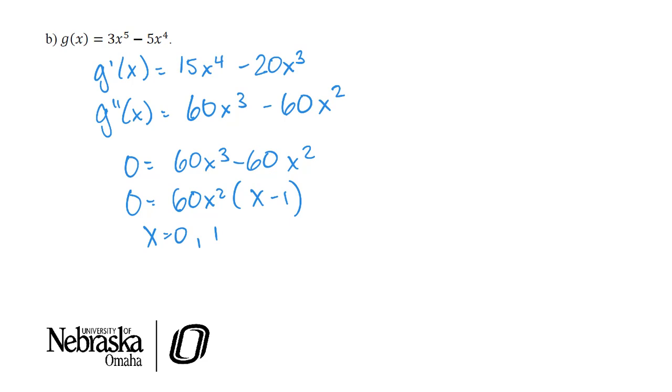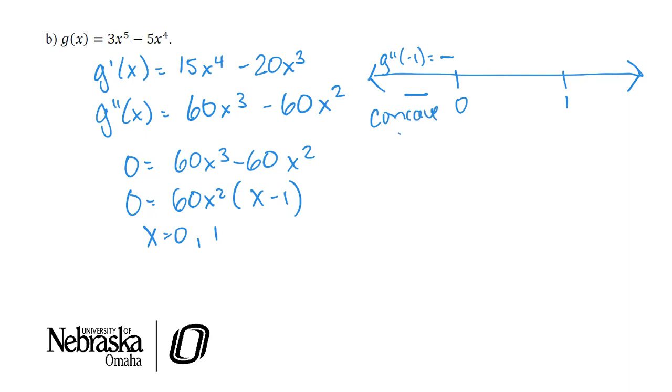Okay, let's look at a number line. Again, these are potential, not necessarily a change. If we plug in a value less than 0, say we want to check the second derivative of negative 1, we would get a big negative number. So that means here it's concave down.